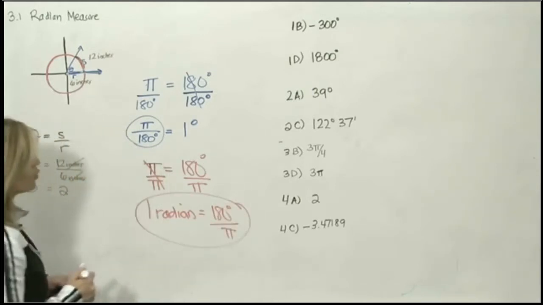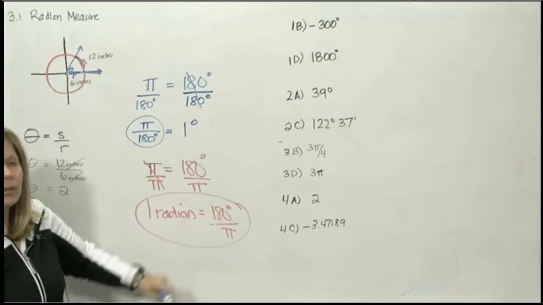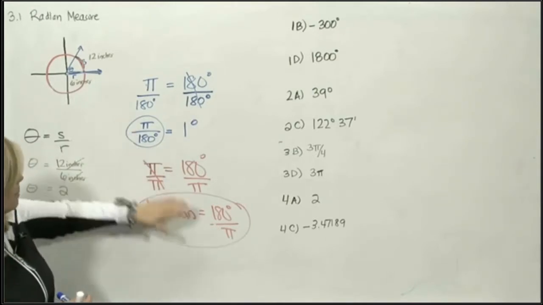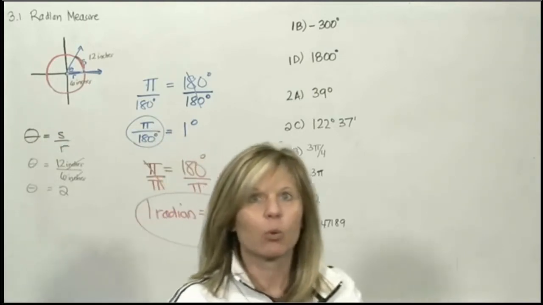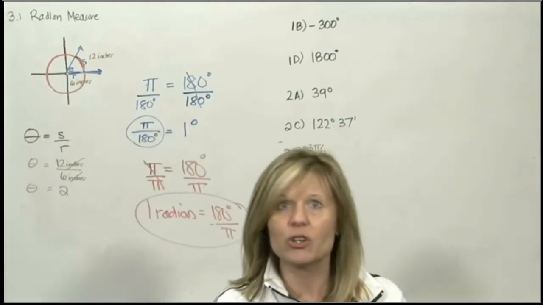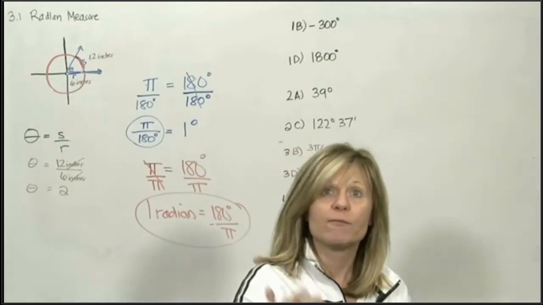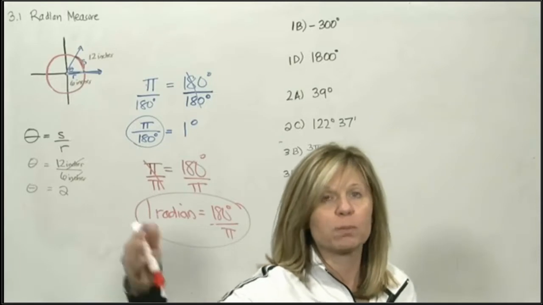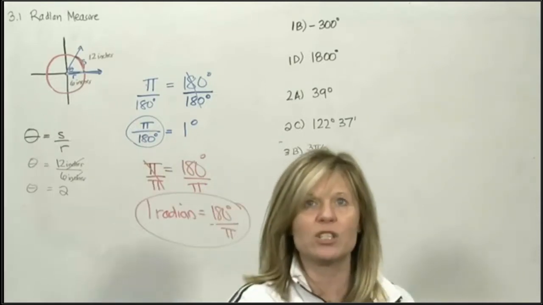That's going to be your conversion. 1 radian is that many degrees. You have to memorize these two conversions because throughout this semester, we're going to have angles in both units, and you're going to have to convert. Just like you know, to change 5 feet to inches, you multiply by 12. If I had 60 inches to make it feet, I would divide by 12.